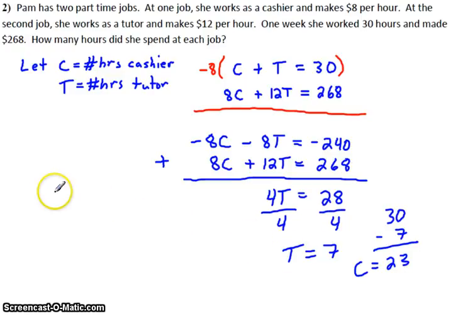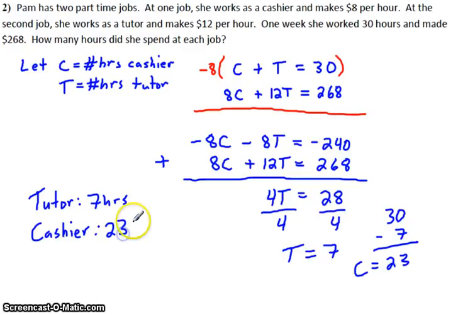So to answer the question, for tutoring, she worked 7 hours. And for the cashier, she worked 23 hours. There's the answer.